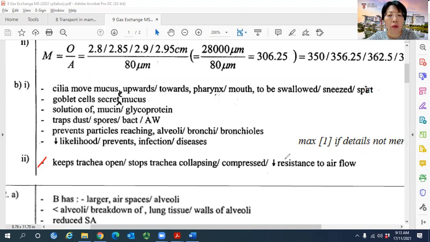It reduces the resistance to airflow by maintaining the lumen to always be open in the trachea. So you need to talk about the trachea remaining open. Okay.